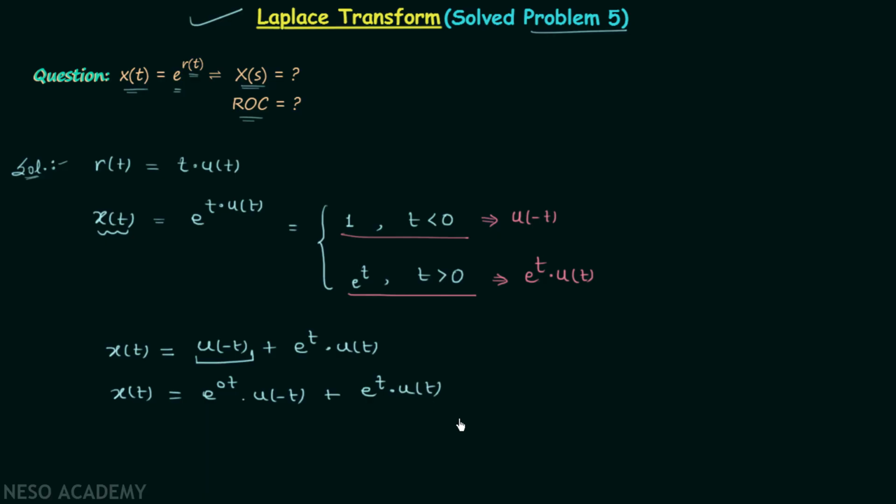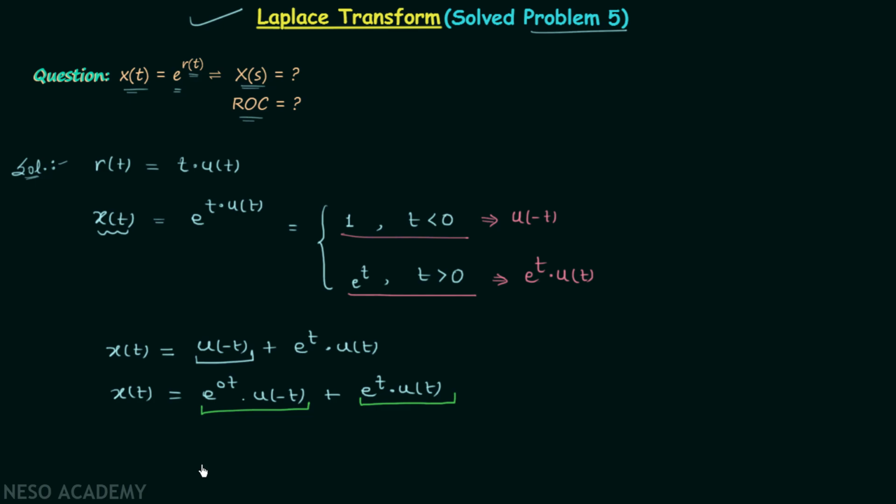Now we will calculate the region of convergence of this signal and the region of convergence of this signal. Once we have the two regions of convergence, we will combine them to get the final region of convergence. To calculate the region of convergence, we will use the shortcut method.